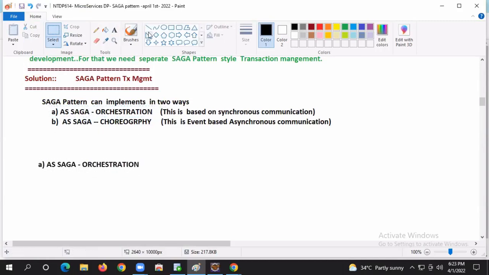What does this SAGA orchestration say, guys? There will be one central service, and the central service will talk to other services in a synchronous manner. If any problem is raised while executing the other services, the data changes done in the other services should be rolled back.